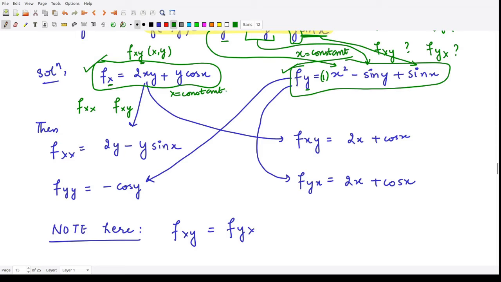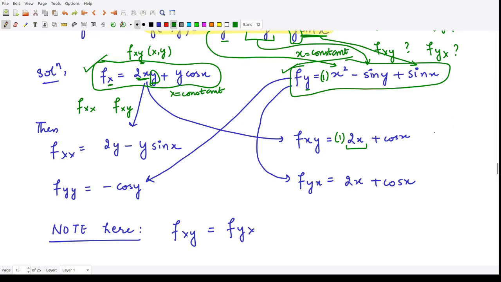So 2x comes as such, and we perform the derivative of y, which is 1. And because x is constant, cos x comes as such, and the derivative of y again is 1. So this is our fxy.